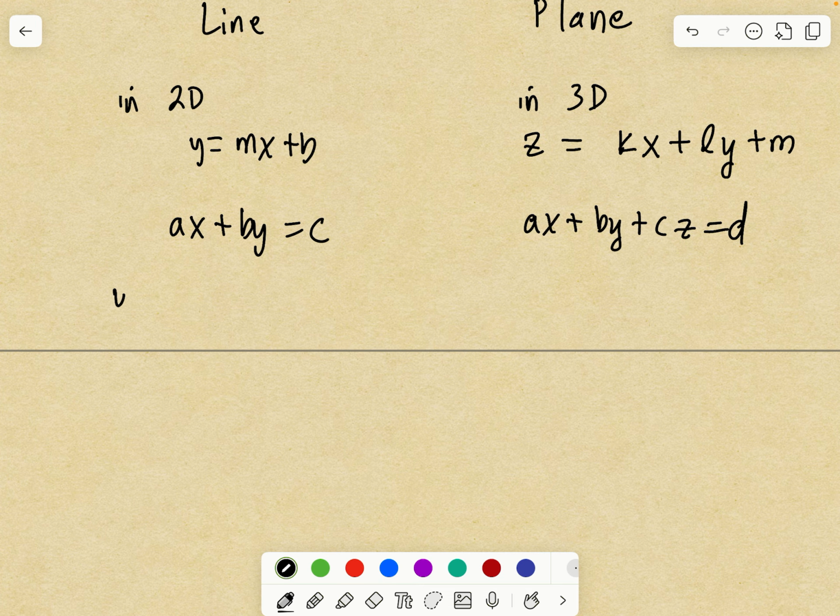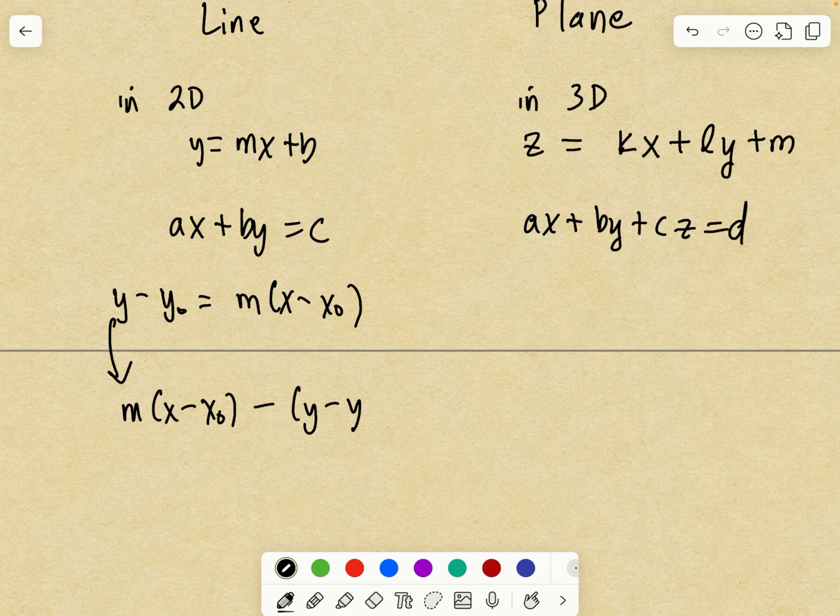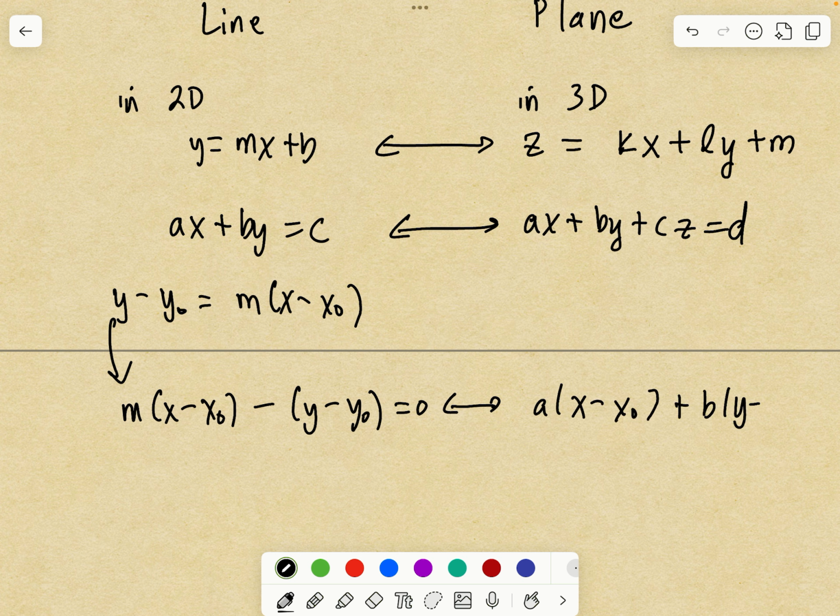And then if you have the form y minus y naught is m times (x minus x naught), for a plane, the analog is, see, this would correspond to a times (x minus x naught) plus b times (y minus y naught) plus c times (z minus z naught) equals 0.